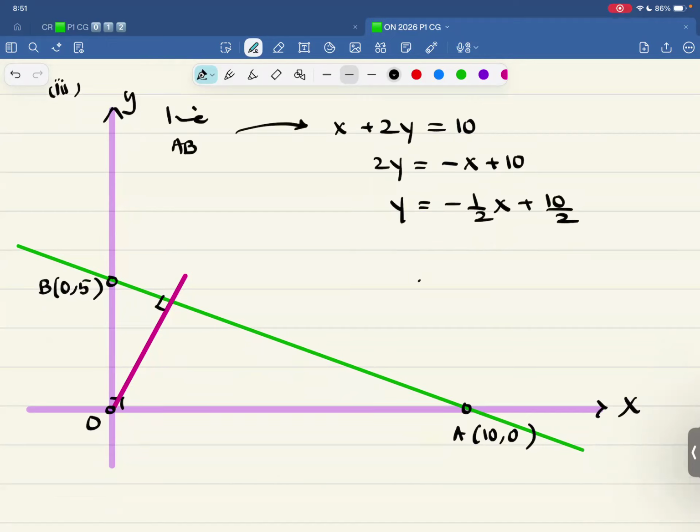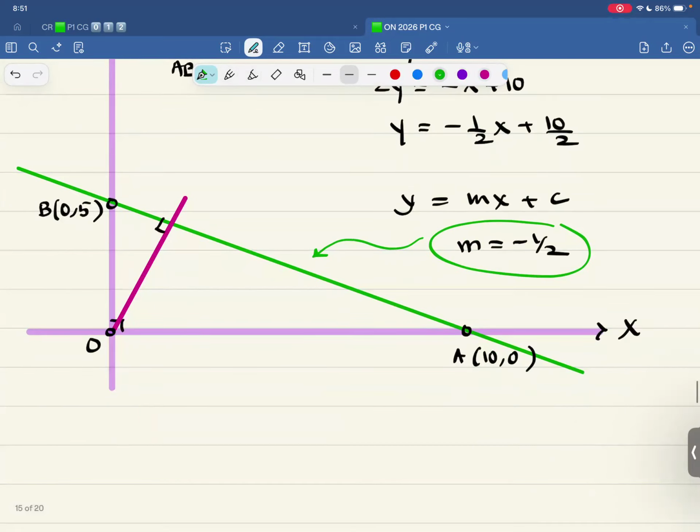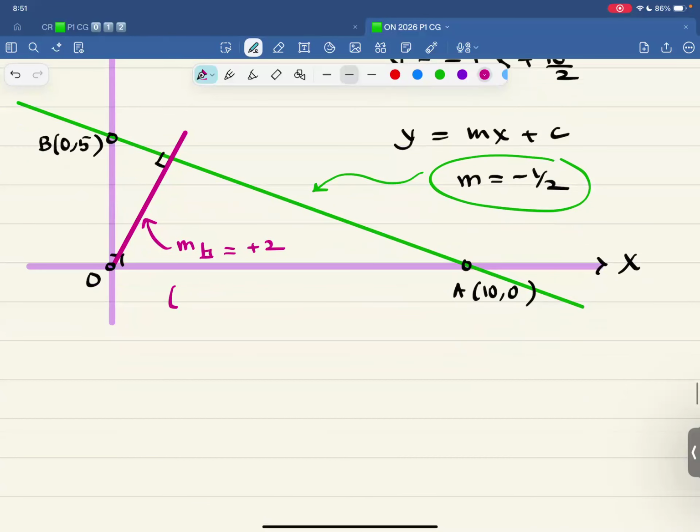Using y = mx + c, the gradient is -1/2. So the gradient of this line is -1/2. Therefore, the gradient of the perpendicular line should be positive 2, because of the negative reciprocal.